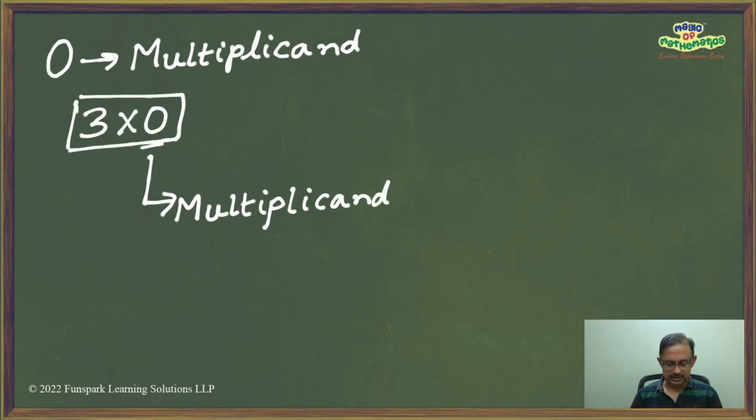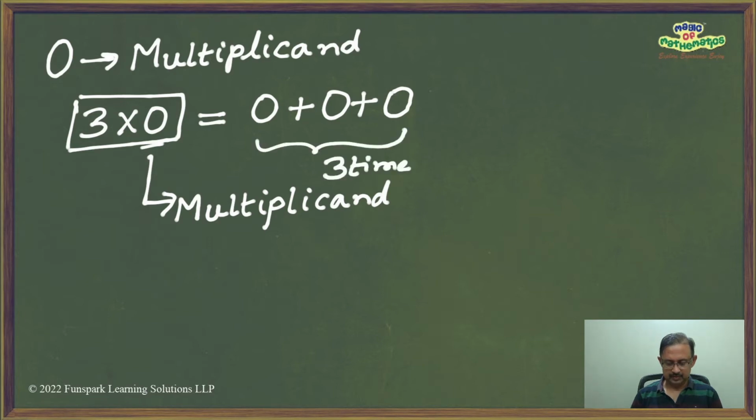We know that this is the same as 0 plus 0 plus 0, that is 0 added to itself 3 times. We had nothing to begin with and we added nothing a couple of more times. Obviously, we'll end up with nothing. Hence, 3 times 0 equals 0.